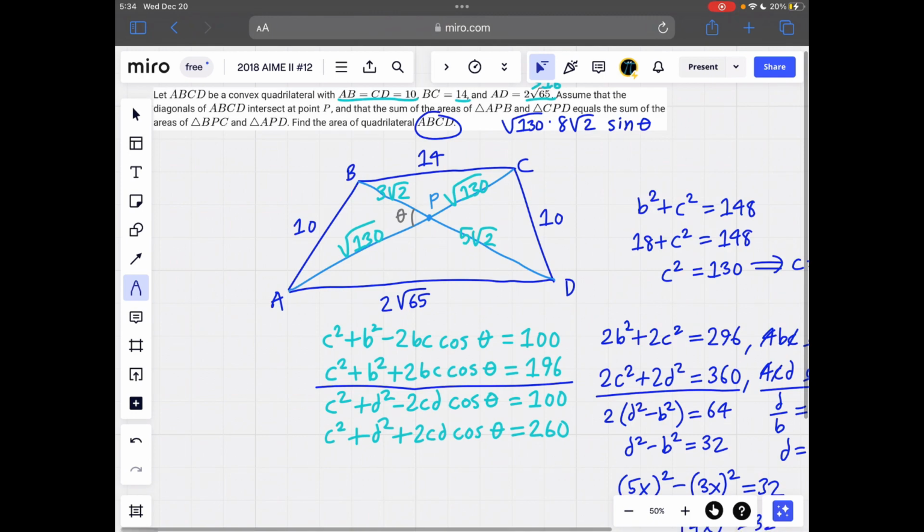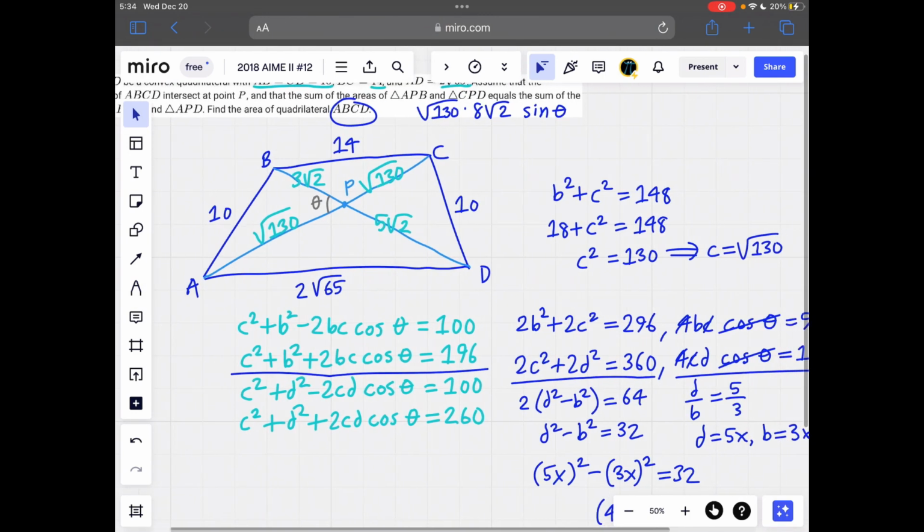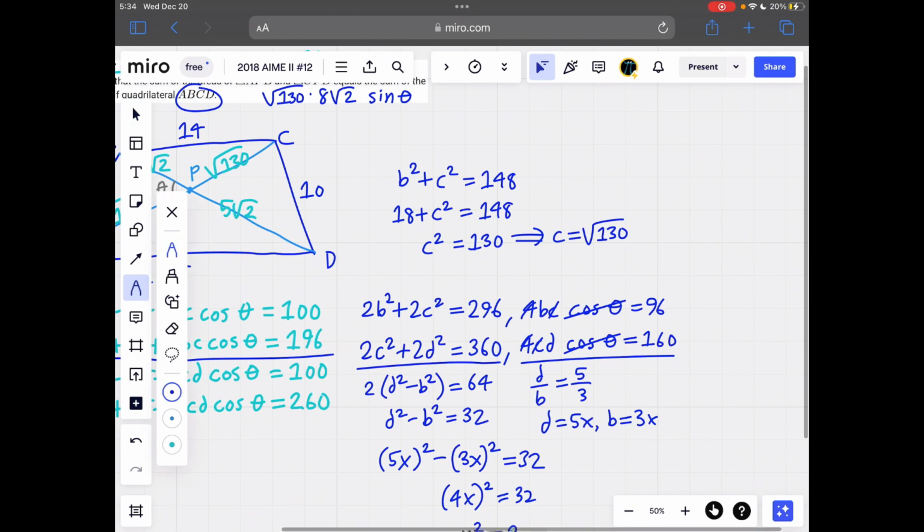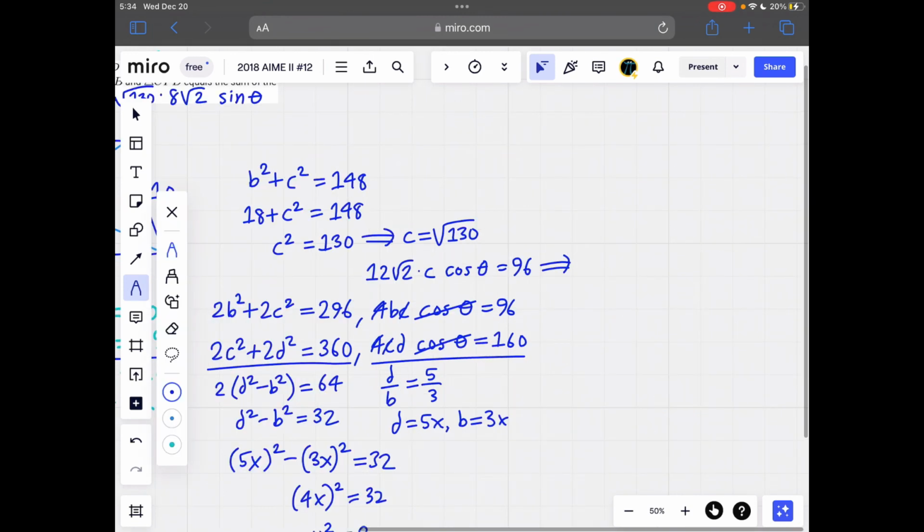So in order to find sine theta, we need to find cosine theta. And we can do that by using the second set of two equations we found. 4bc cosine theta is equal to 96. So we know 4b is 12 root 2, because b is 3 root 2, times c cosine theta is equal to 96. 12 root 2 times the square root of 130 times cosine theta is equal to 96.